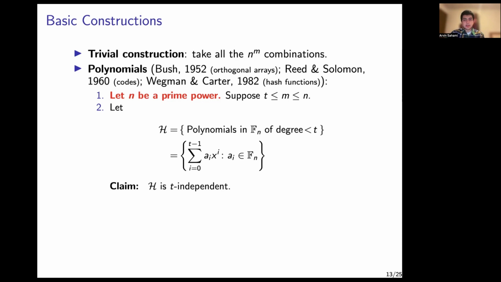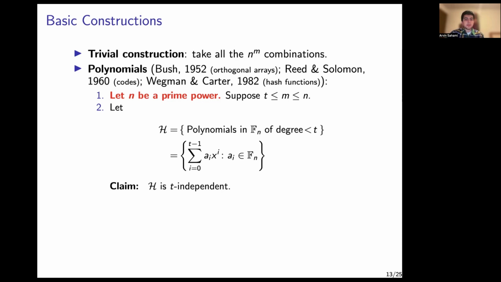Then if you just look at all the polynomials with coefficients in the prime field of size n, and whose degree is less than t, there are p to the t, which is n to the t, such polynomials.